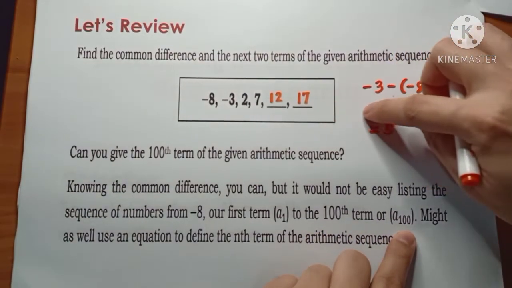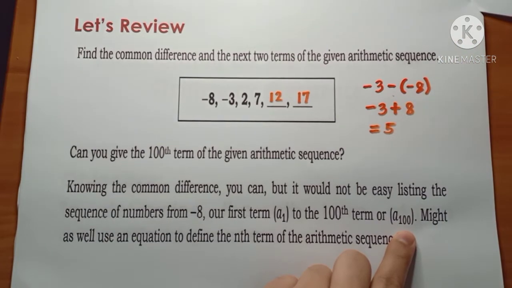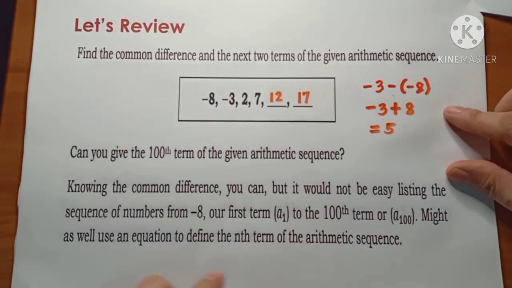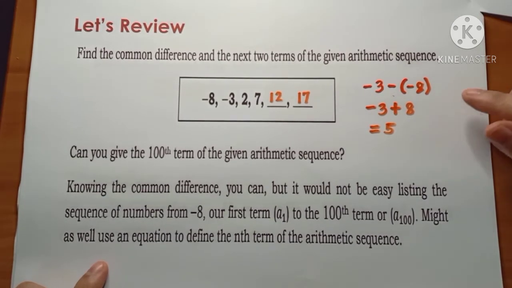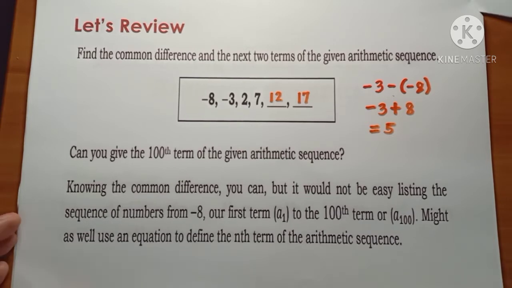So, might as well use an equation to define the nth term of the arithmetic sequence. So, ano ba ang formula para makuha natin kaagad ang nth term ng ating given arithmetic sequence?